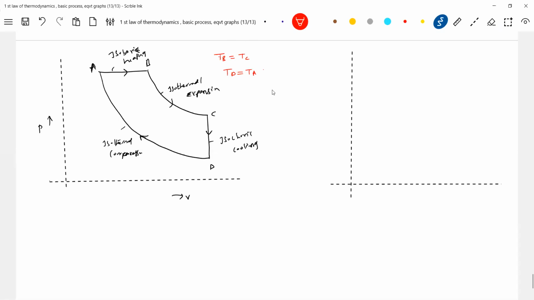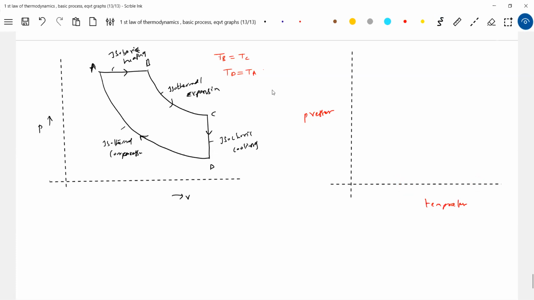Okay, now we are going to keep this in mind. So what I'm going to plot is pressure versus temperature. No, I think this will be really troublesome because I'm not giving any value. No problem, let it be. There are only two values of temperature here, TB and TC, and here TA and TD.